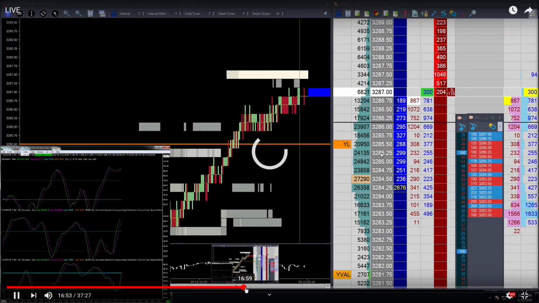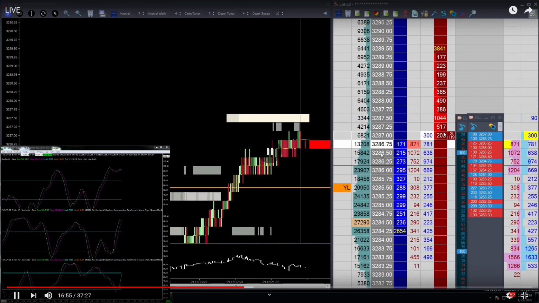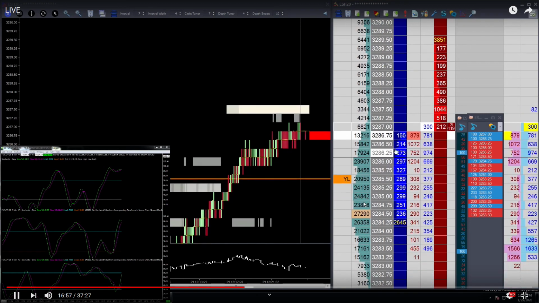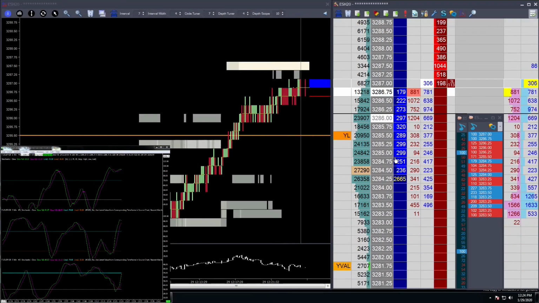I'm going to get the fill. I don't think I'm going to get the fill here at 517 because that's still a lot of size. There's a high probability this might pull back in, but you know what? It's not. It's going to actually break out right here. So this is what's cool about this whole setup, you're going to see us break out of this distribution zone.